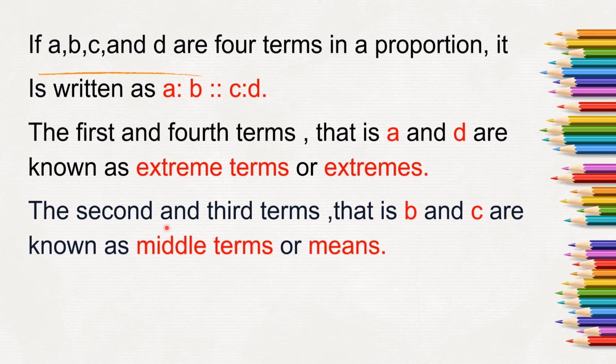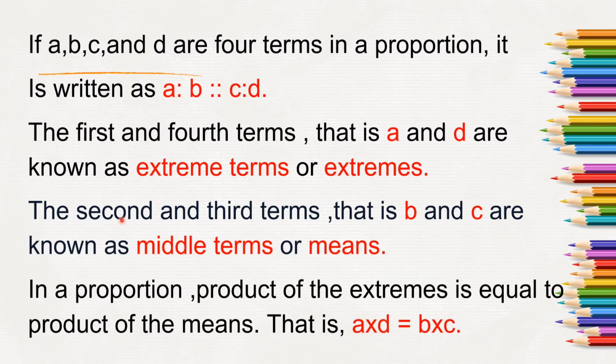In a proportion, if the product of the extremes, that is A and D, and the product of the means, that is B and C, are equal, then the ratios are said to be proportionate.